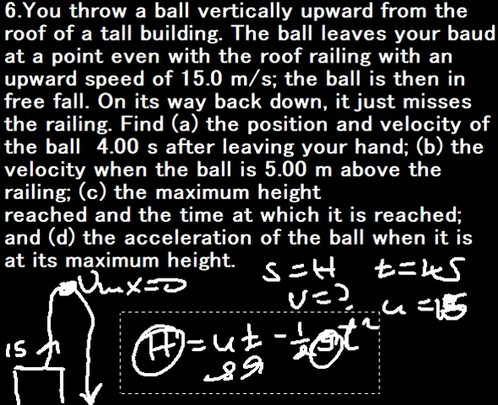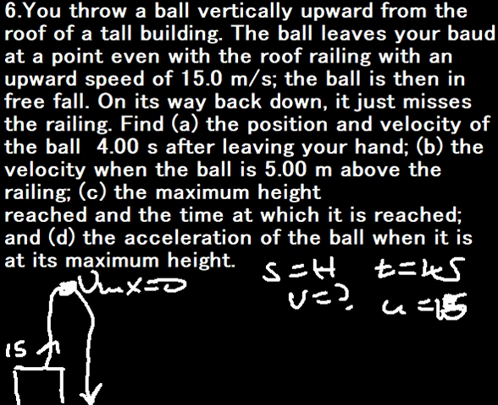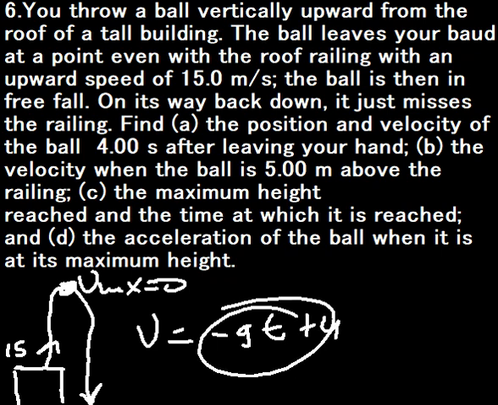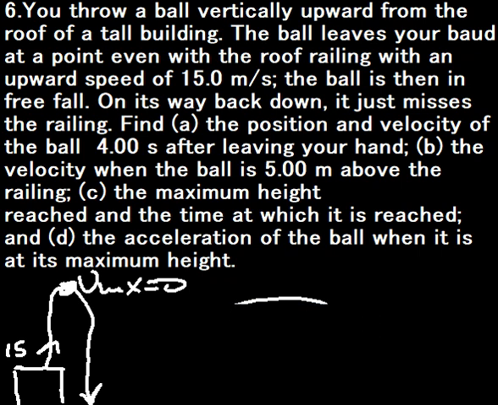Of course, the other part says that you should calculate the final velocity, which you can do using this formula: v is equal to negative gt plus u. You'll be able to find the final velocity properly. So have that in mind.